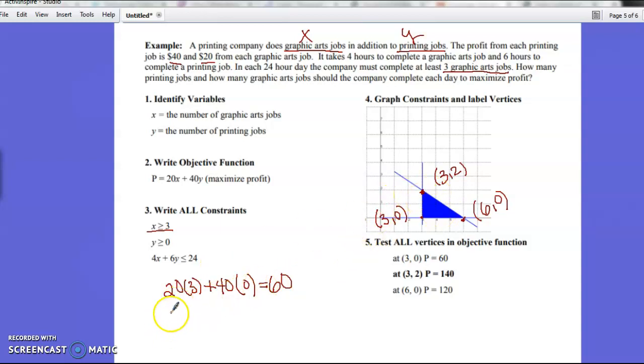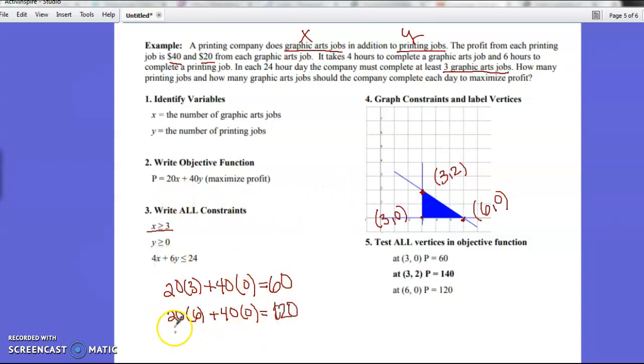If we just do graphic art jobs, no printing projects, we are going to have $240. Now we're going to have $120. So 20 times 6, 2 times 6 is 12, so $120.